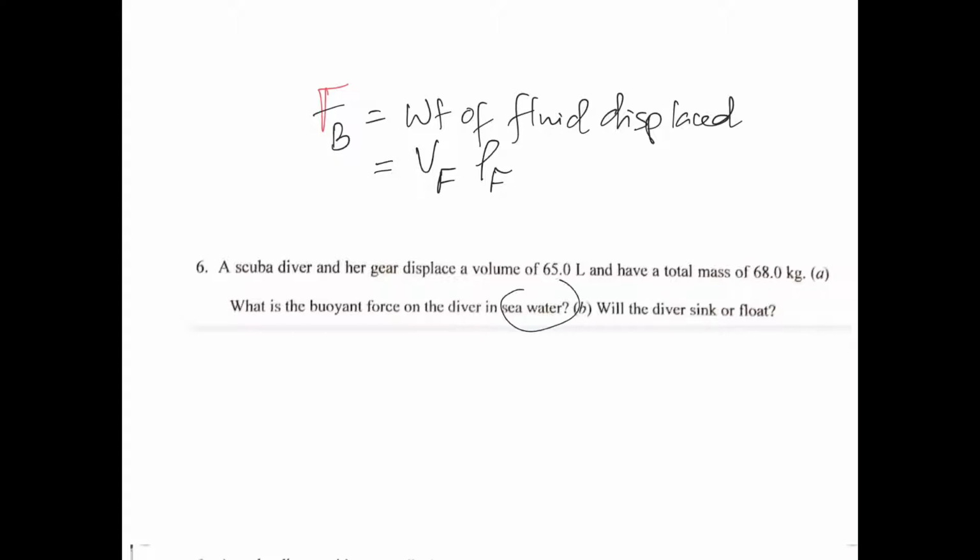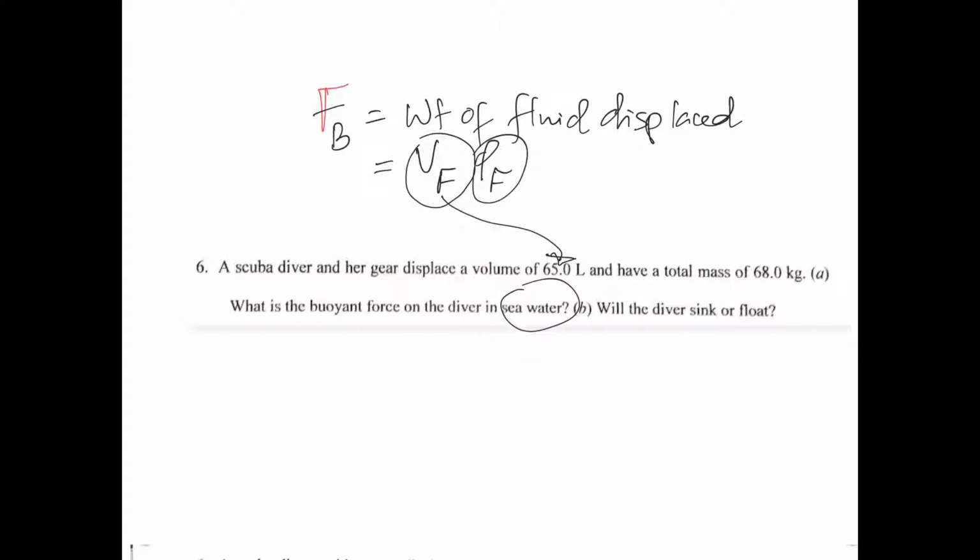Of course, it is the seawater. So we will find the buoyant force by multiplying the density of seawater with the volume of fluid displaced. And the volume of fluid displaced is exactly the volume of the object.